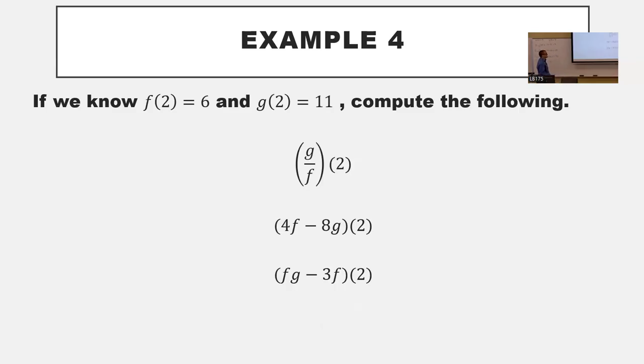And then obviously the operations can get more complicated as well. We could have something like G divided by F of 2 in this scenario, knowing that F sends 2 to 6 and G sends 2 to 11. Let me go ahead and write this down.